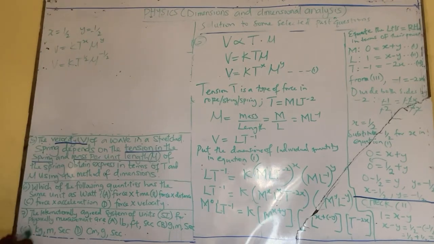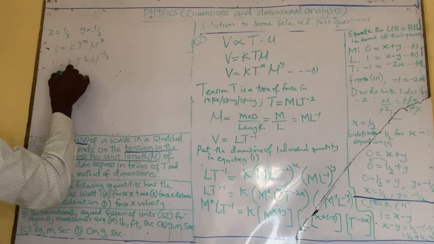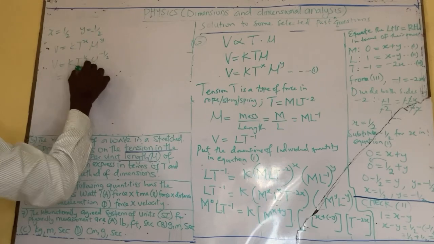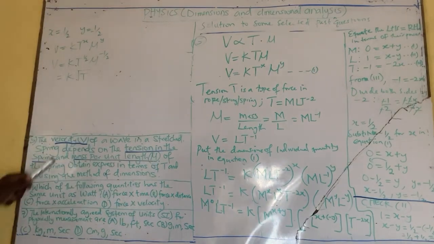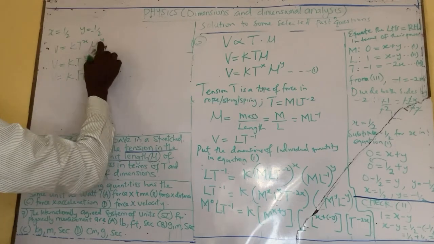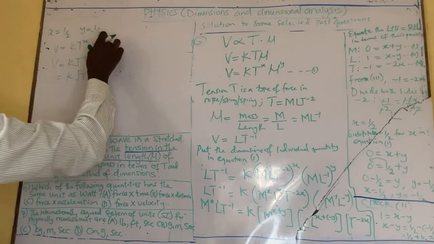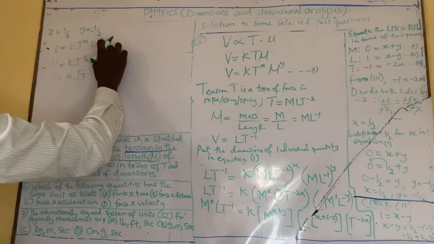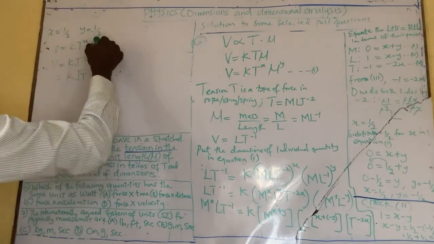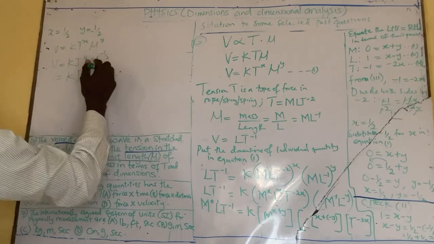According to the law of indices, anything raised to power half means root of that thing. Now this one is inverse law. Anything raised to a negative power is going to be 1 all over.